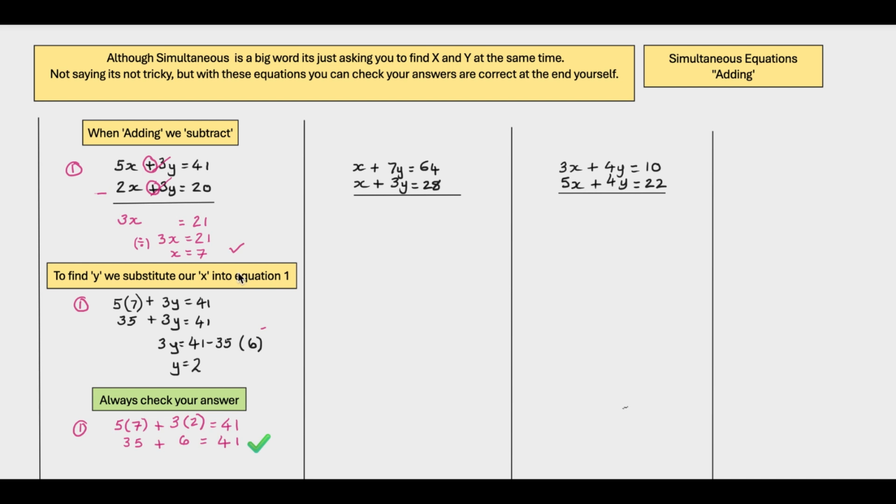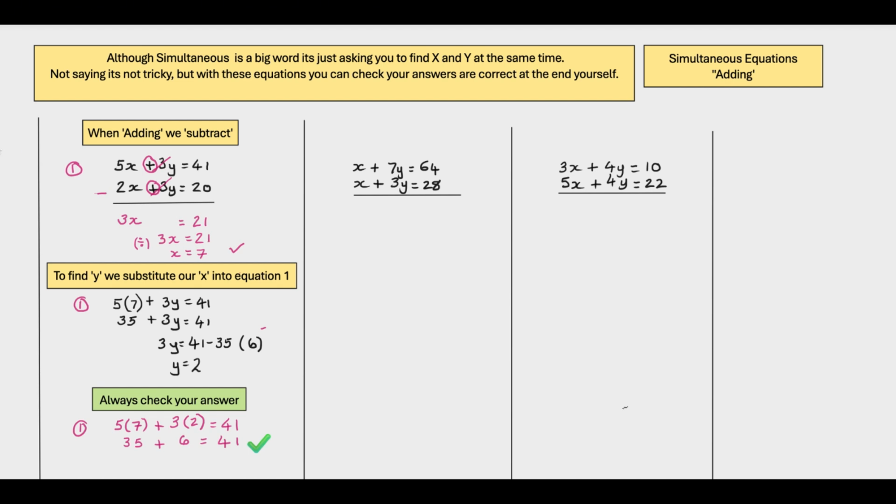Now you wonder, what do we do next? We need to find y, because that's a simultaneous equation, to find the x and the y. So to find the y, we're going to substitute our x into equation 1. So now we're going back into the old school method of substitution.